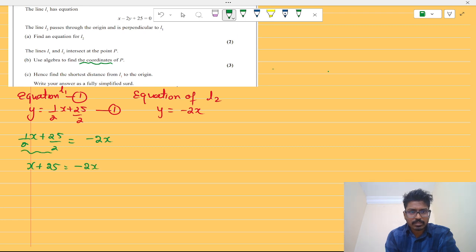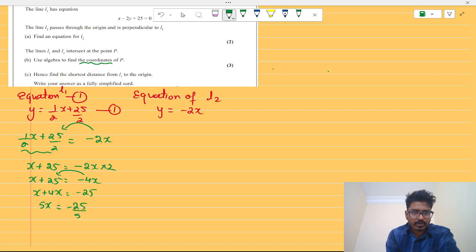Multiplying by the same base, it will be negative 2, so x plus 25 equivalent to negative 4x. Taking negative 4x to this side, it will be x plus 4x, and taking this 25 to the other side, it will be negative 25. So it will be 5x equivalent to negative 25.